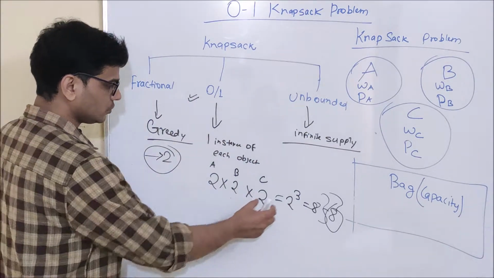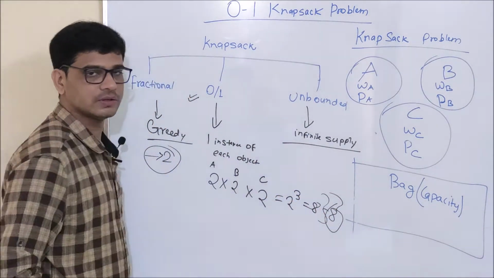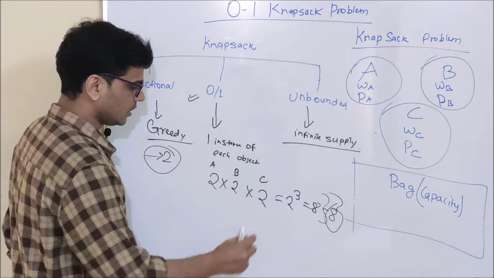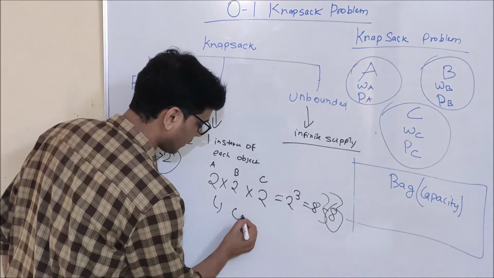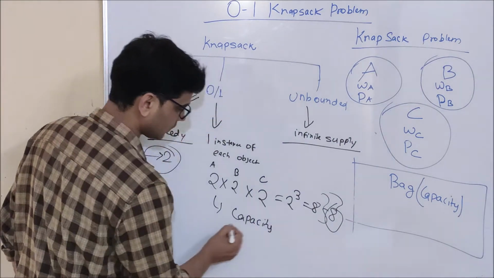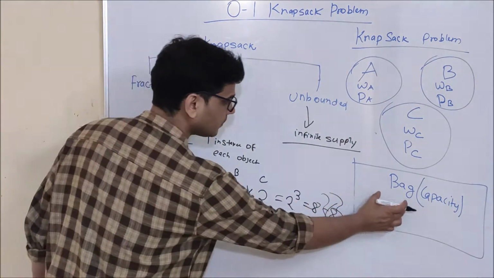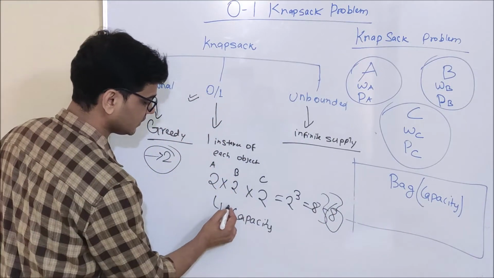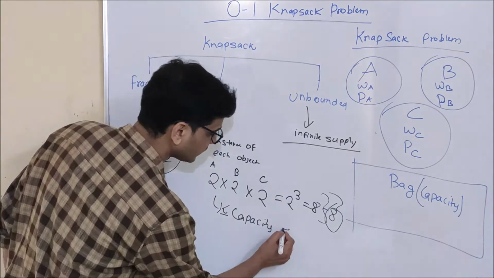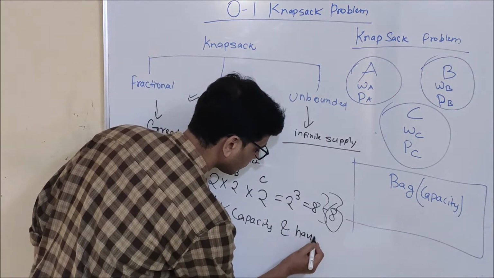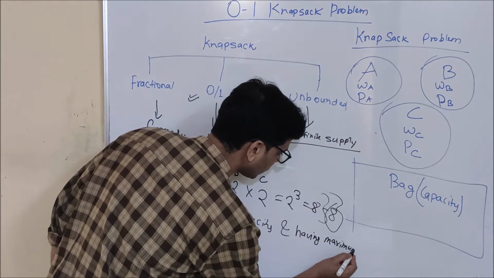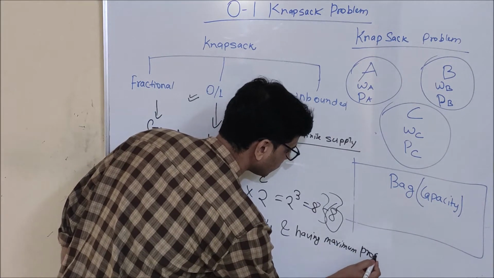I have a total of 8 options and our task is to pick one among these such that the capacity of the bag is not exceeded, that is, the weight is smaller than or equal to capacity, and having maximum profit.